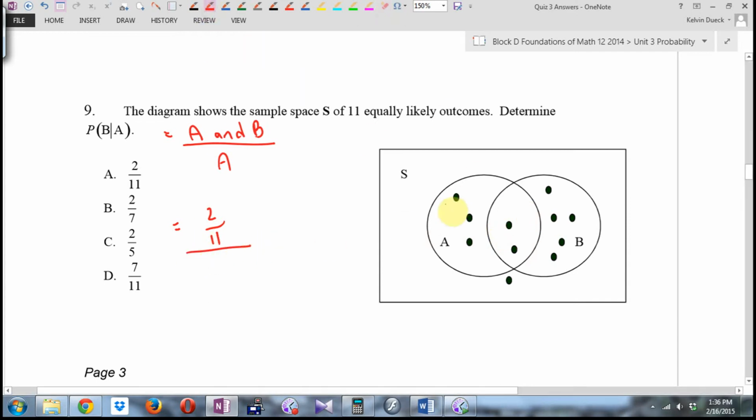Divided by A, 1, 2, 3, 4, 5 out of 11. C. Yes? Okay. By the way, now that I see the answer 2 out of 5, I say, oh yeah, 2 out of the 5 in A are in B. But the conditional, that weird thing got me there.